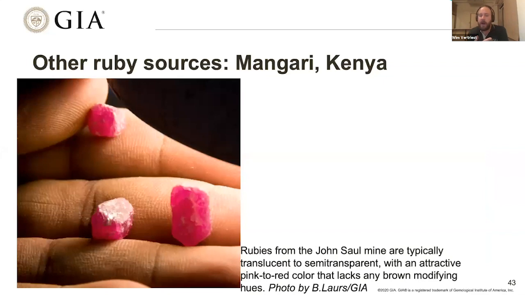The rubies that were found there look like this. You can see really nice, attractive color, really pink to deep red. No modifying hues, there's no brown tone, no orange tone. But you can see that clarity might be considered an issue. A lot of these stones are translucent to semi-transparent. So faceted goods from the John Stoll mine are actually extremely rare.